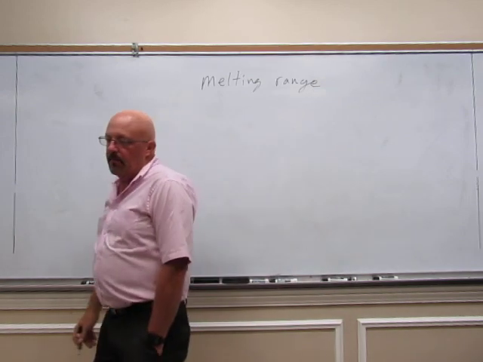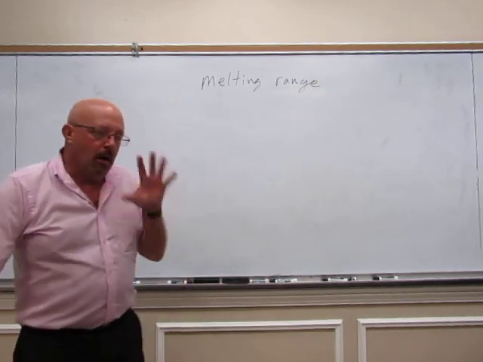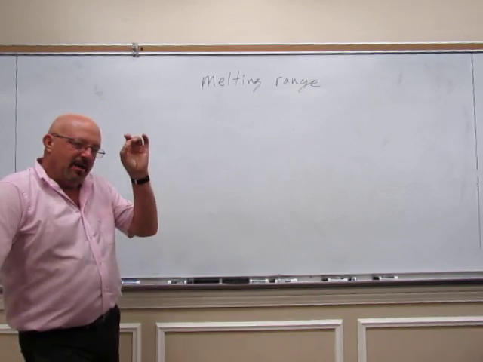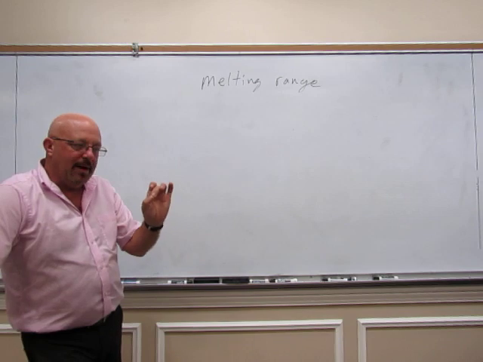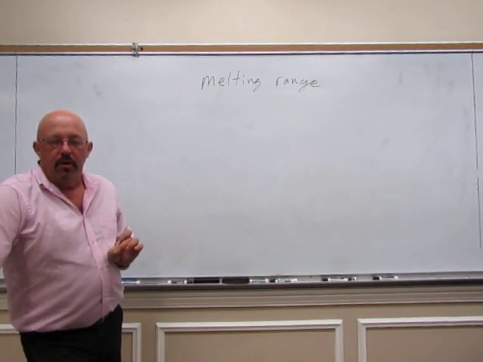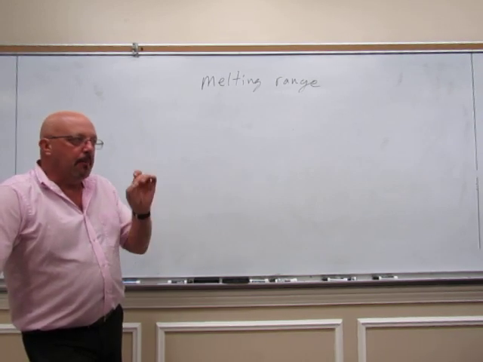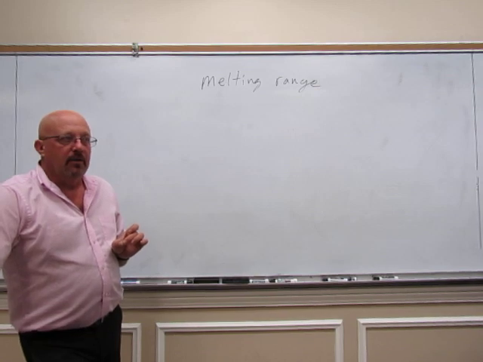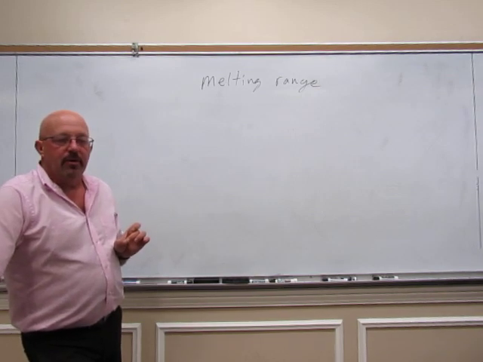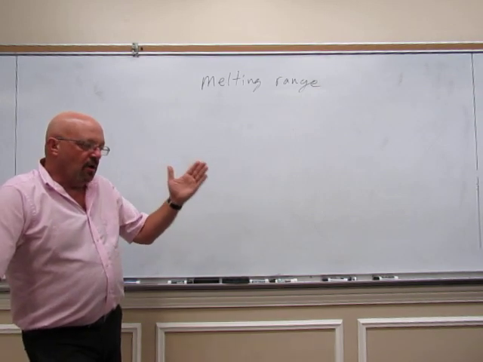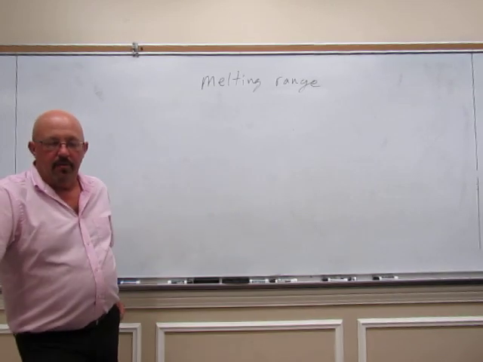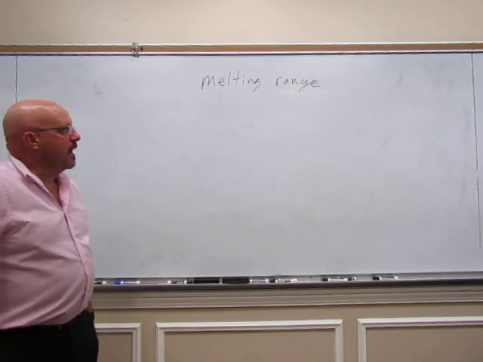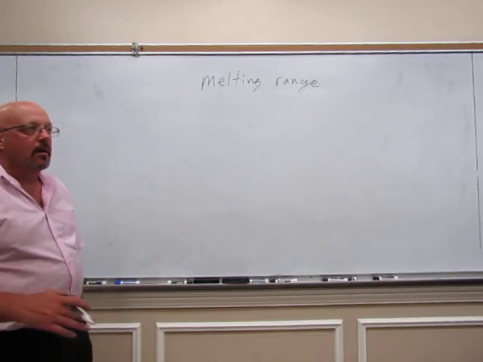Rarely will a compound melt at an exact point, one exact temperature. So rarely is it a melting point. It's normally a melting range. It will start melting at a certain temperature, and then it will finish melting at another temperature. That's the range.